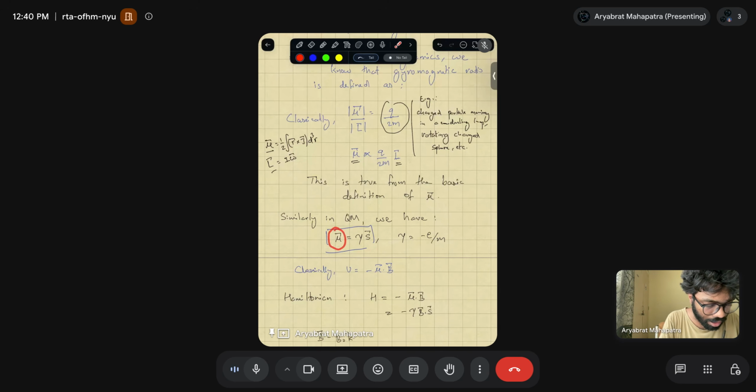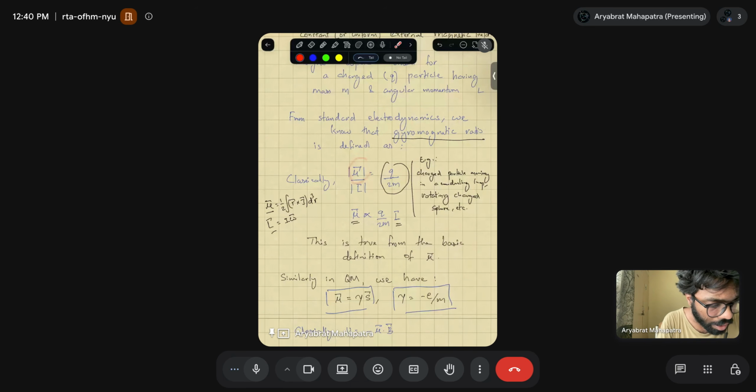But now again, classically, if you remember, there is an energy we used to define when you put some conducting loop carrying some charges in some external magnetic field.